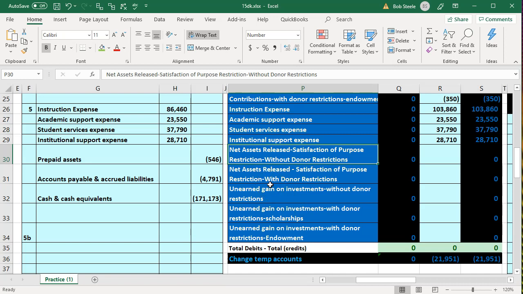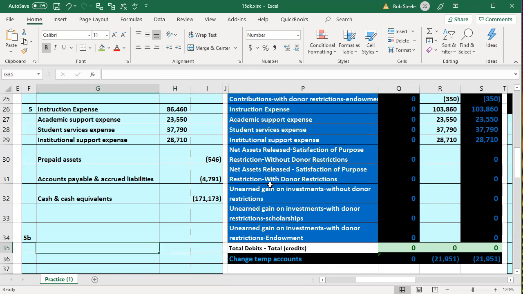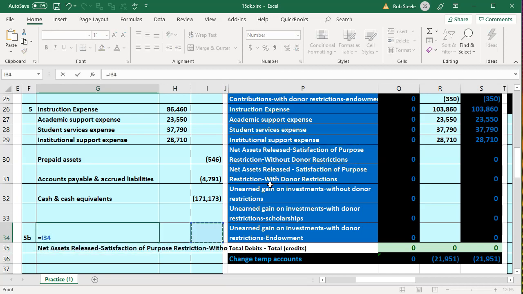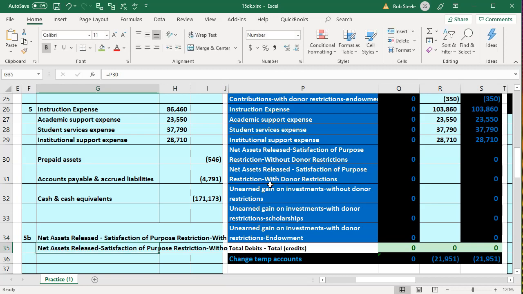This is going to be the two accounts. I would think of them kind of like income statement accounts. The one without donor restrictions is going up, because we're now increasing the one because it has no restrictions. The one with donor restrictions then is going down. So on the credit side, the one that's increasing is going to be the one without donor restrictions. The one that's decreasing is going to decrease with a debit, because I would think of it as a revenue type of account.